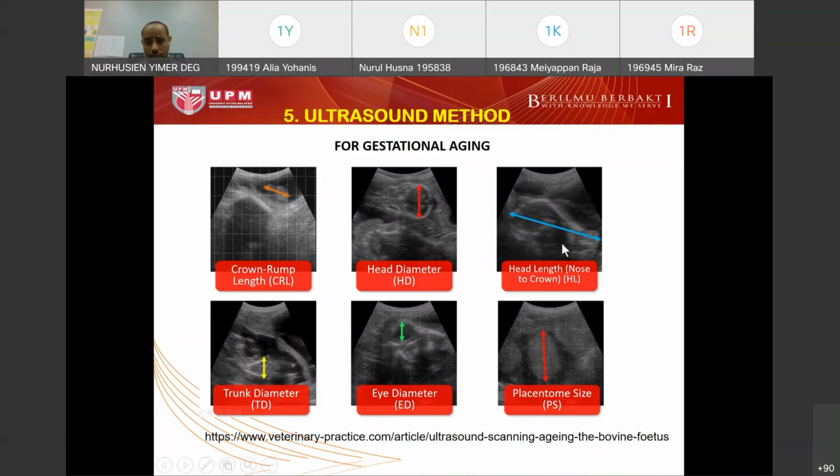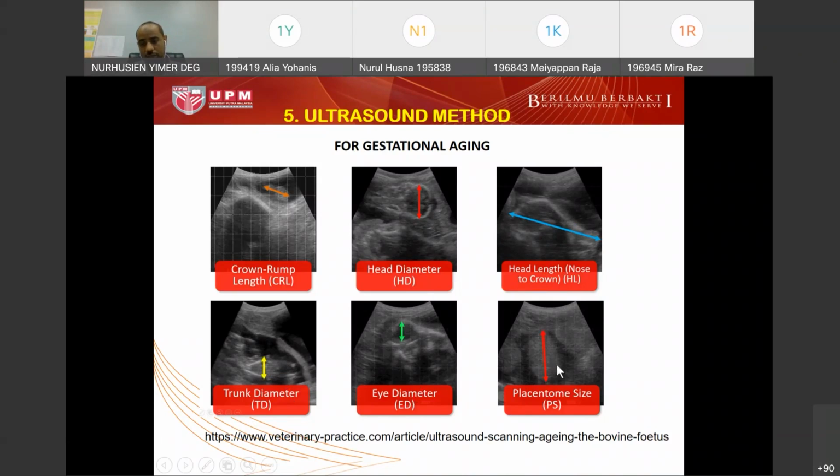And we have the length of the head also, measuring from the tip of the nose up until the pole on the head. And we have a trunk diameter at the body part. You can just measure the trunk. The diameter of the eye, the orbit of the eye, also can be visualized by ultrasound scanning. And you can measure also the diameter of the eye.